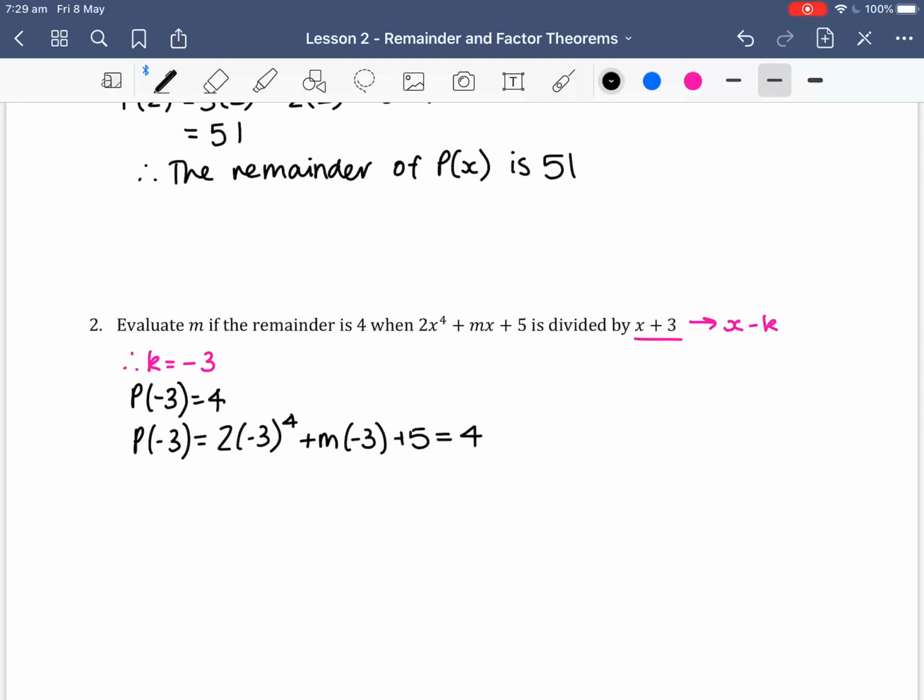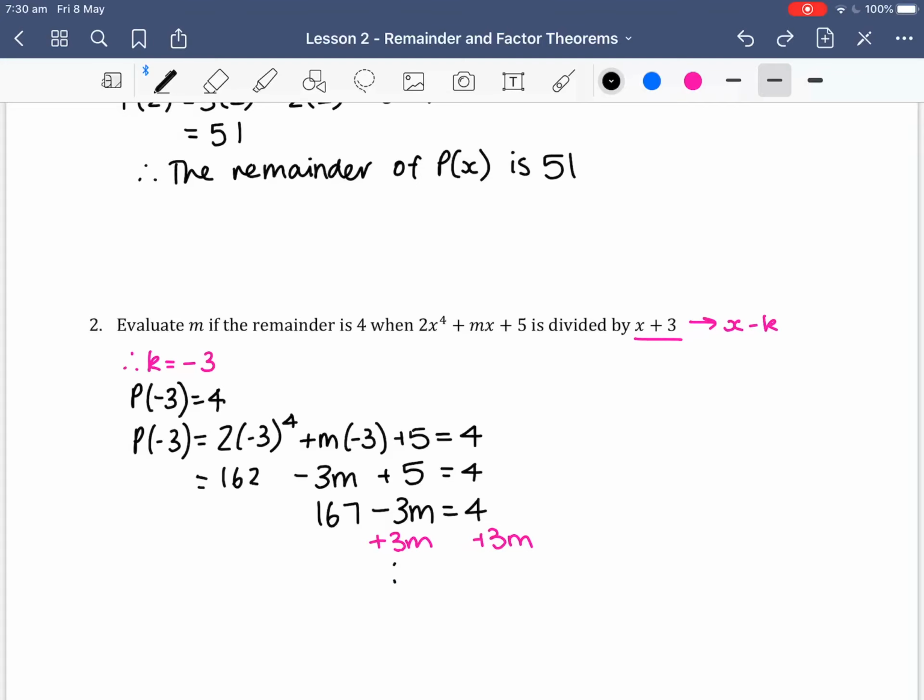So then 2 times (negative 3) to the power of 4 equals 162, minus 3m plus 5 equals 4. Then 162 plus 5 is 167. So we have 167 minus 3m equals 4. We're going to add our 3m to both sides to make this positive.